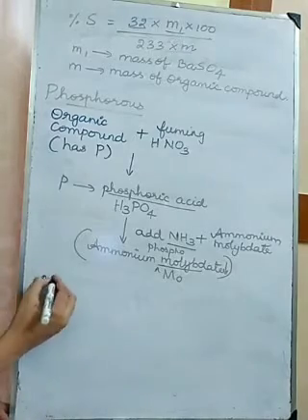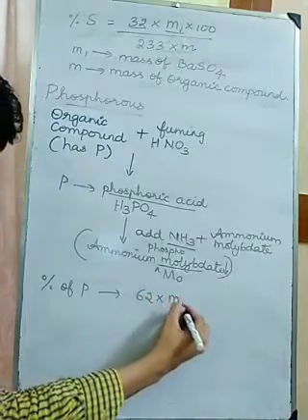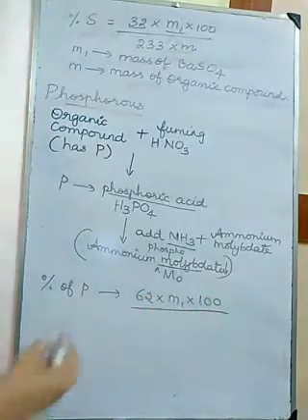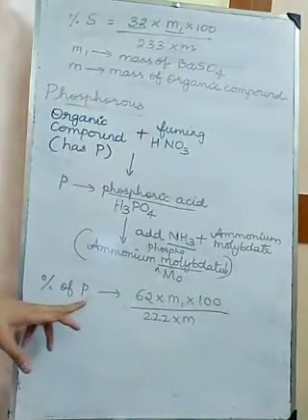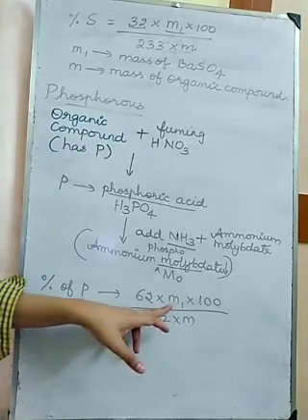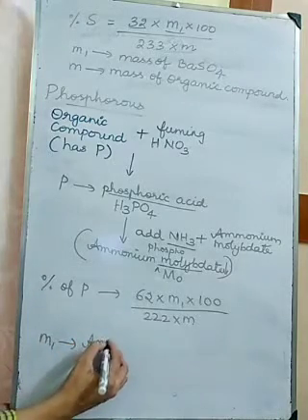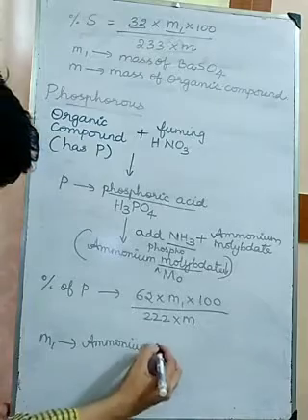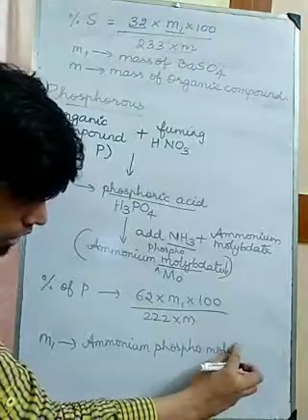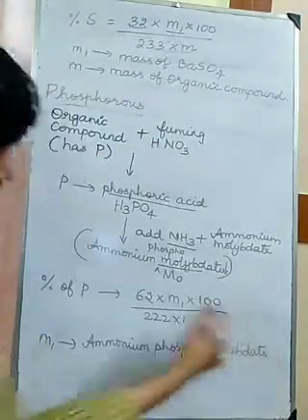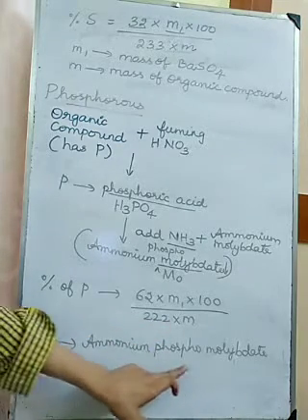Okay, so the percentage of phosphorus, the formula is, take down: 62 into M1 into 100 divided by 222 into M. 62 is the mass of phosphorus, M1 is the mass of ammonium phosphomolybdate, and this 222 is the molar mass of ammonium phosphomolybdate.